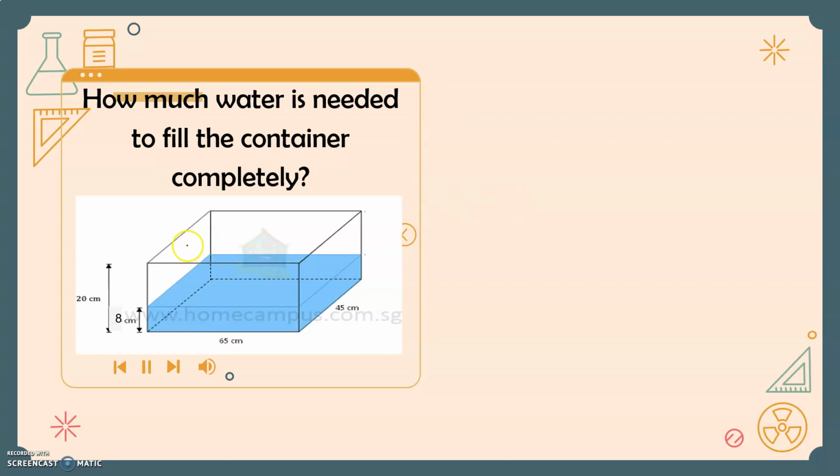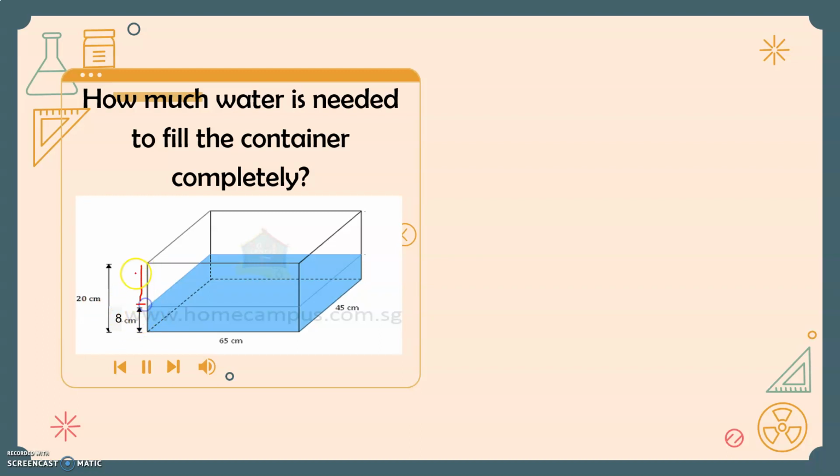First, we find for the total capacity or the total volume of the container and subtract it to the volume of water it already contains. Or we can just simply subtract already the height. Okay, so 20 centimeters minus 8 centimeters, that will give us 12 centimeters.